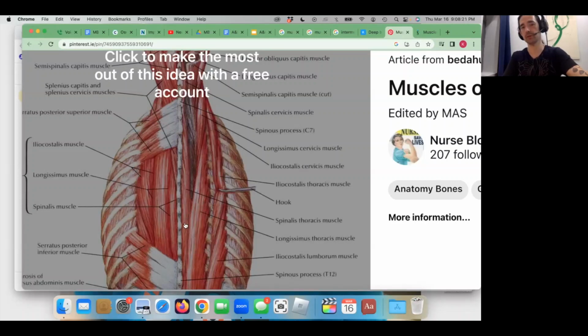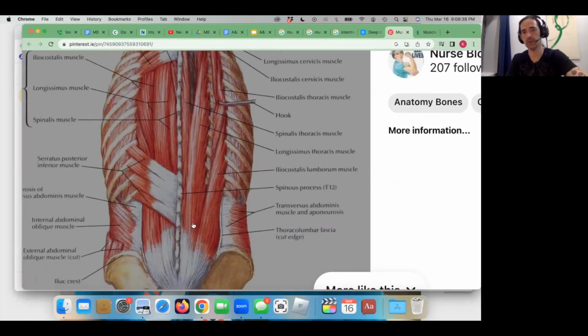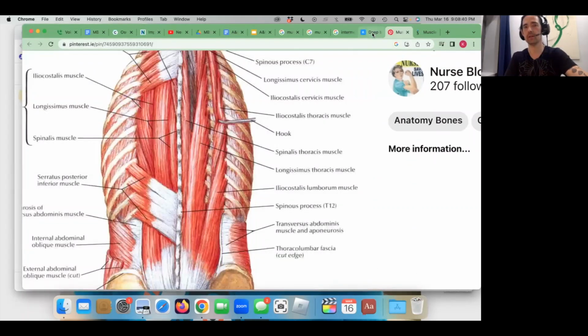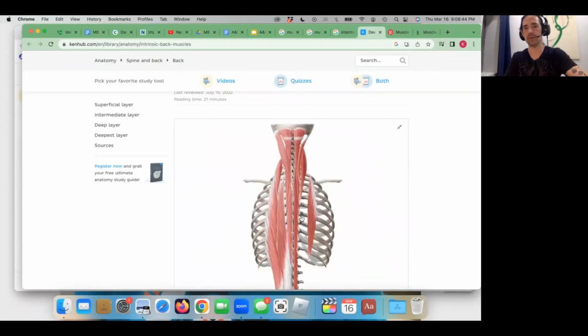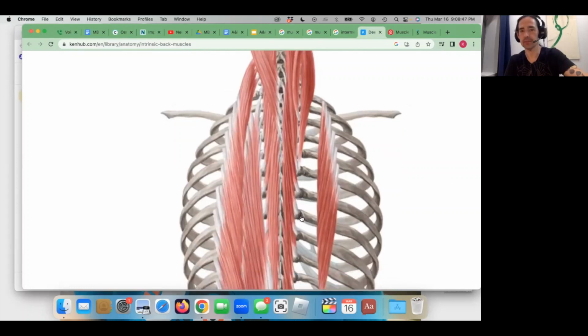But all you have to remember is spinalis, then longissimus, and then iliocostalis. Not iliocostalis, I'm sorry, iliocostalis is the intermediate group. Longissimus and spinalis are also the deep muscles.